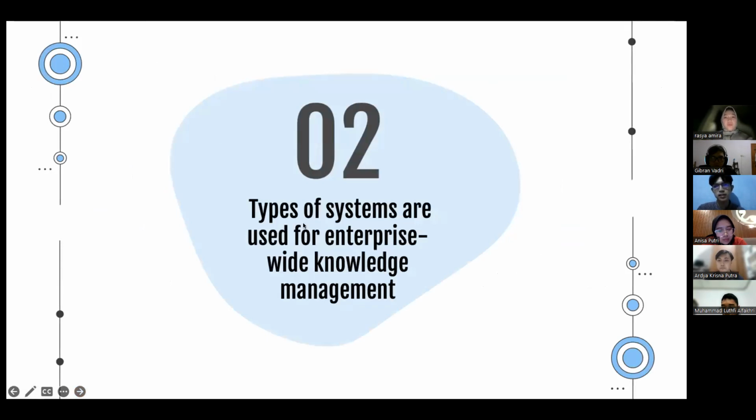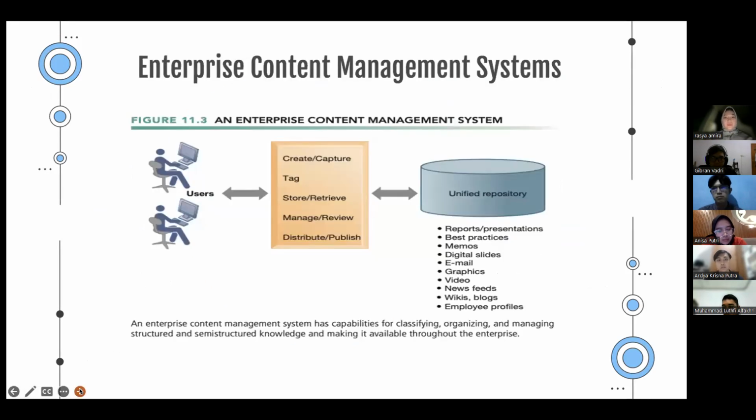Okay, thank you, Ikhwan. I'm going to explain about types of systems that are used for enterprise-wide knowledge management. This is the table for an enterprise content management system. Users will create and capture text, store or retrieve, manage, review, and distribute or publish, and then it will unify the repository.